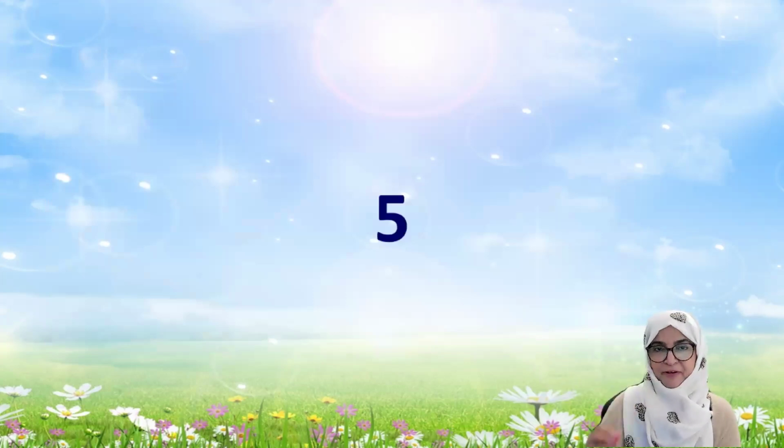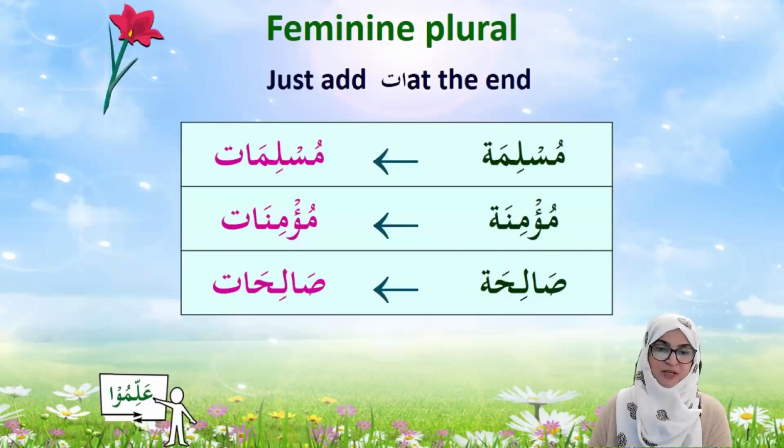Okay, now in the fifth part we are going to learn something. You already learned how to make feminine, so Muslim became Muslima. Muslima means one Muslim lady. Now we want to make it plural, to talk about many Muslim ladies.